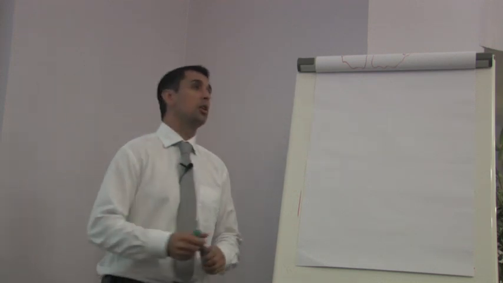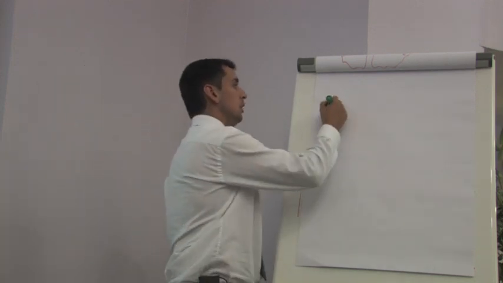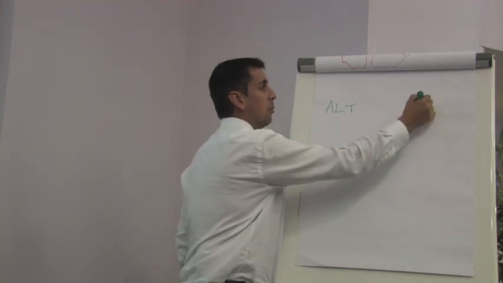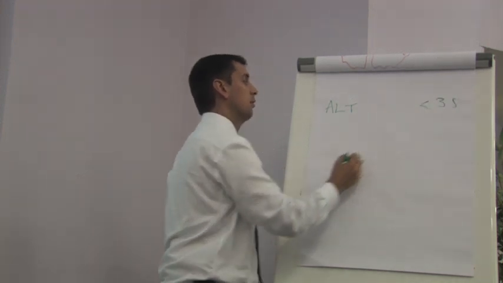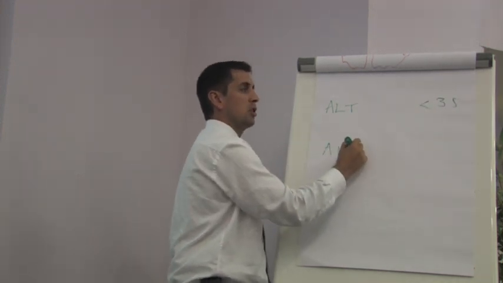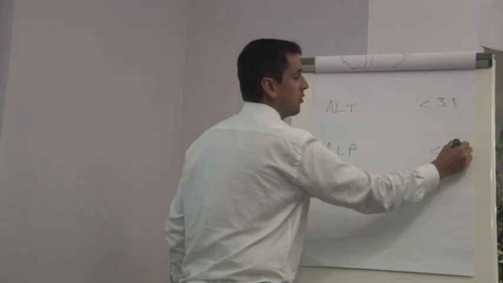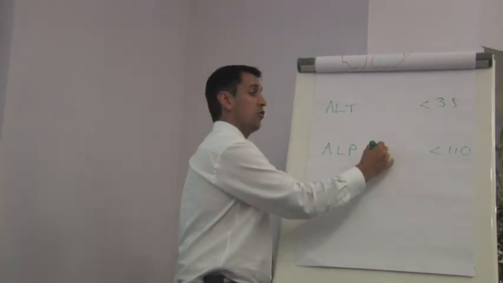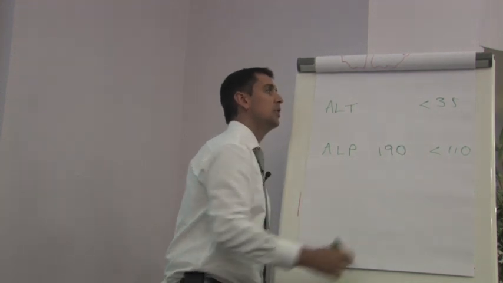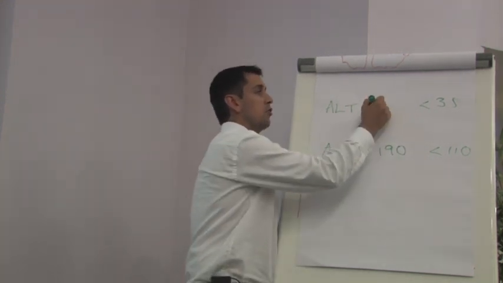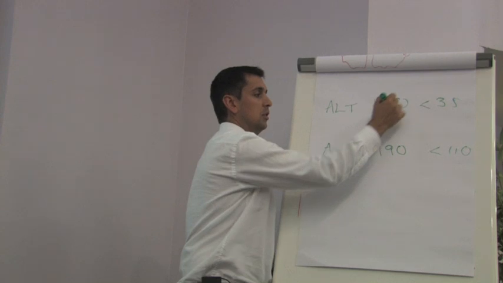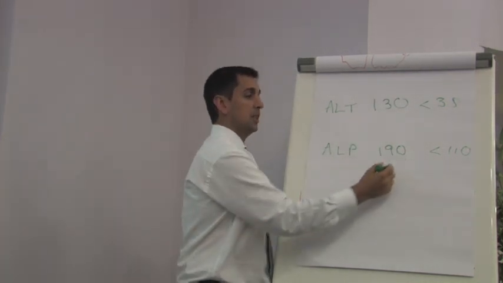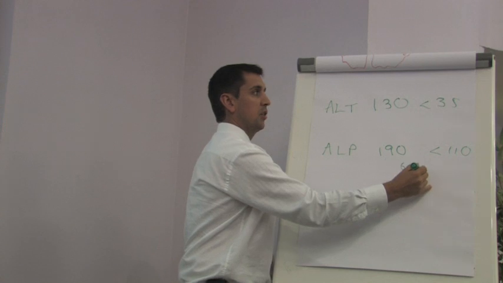So, for example, if you've got an ALT, which the normal range is probably about less than 35, let's say. And ALP, depending on which hospital, usually less than 110. If I had an ALP of 190 and an ALT of 130, although this number is bigger, this has only gone up by about a 60% increase.